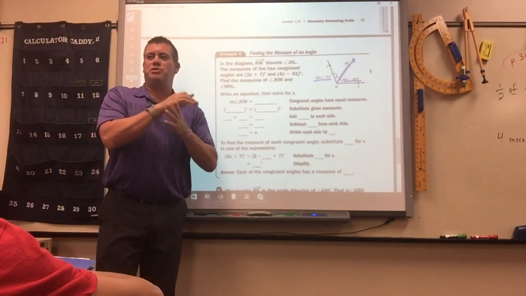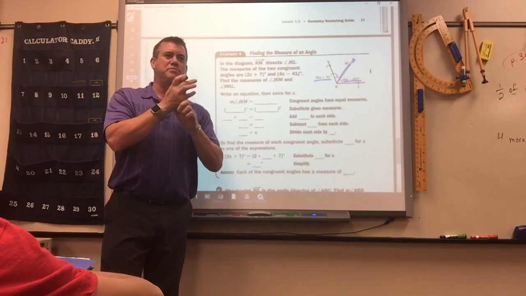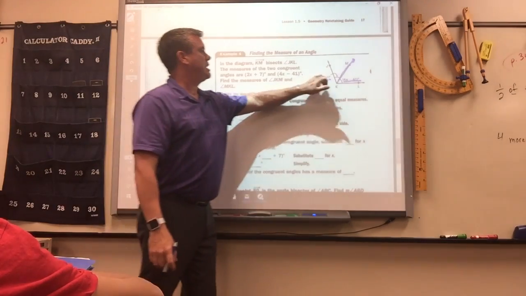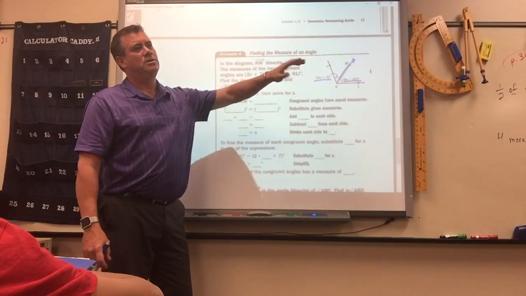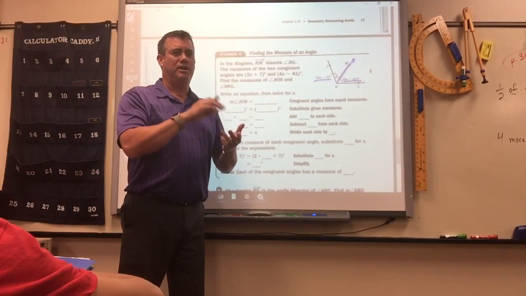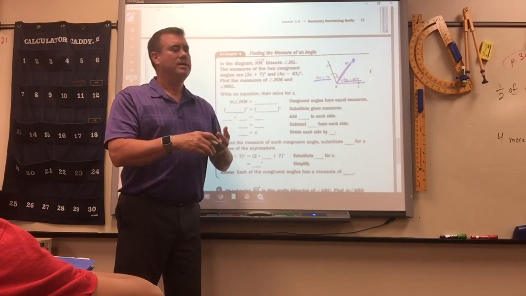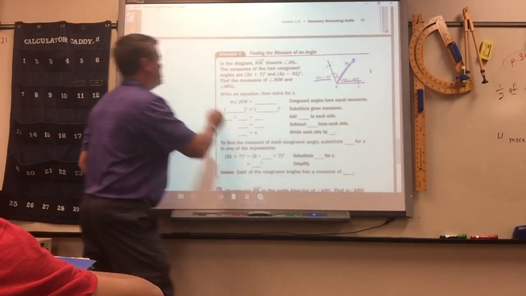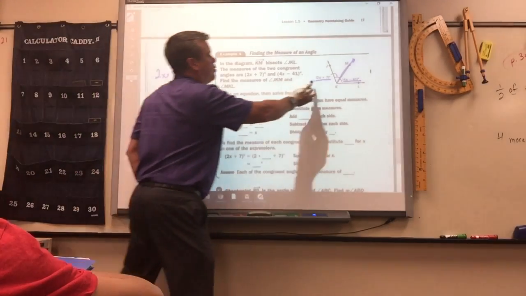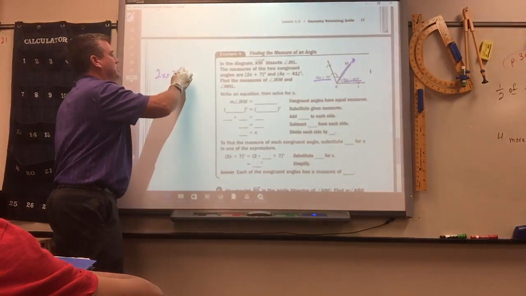And the nice thing about geometry is there's only two types of equations that you really ever use. You're either gonna set things equal to each other, or they're gonna add up to equal something like 90 degrees or 180 degrees. So in this case, 2x plus 7 has to equal 4x minus 41.